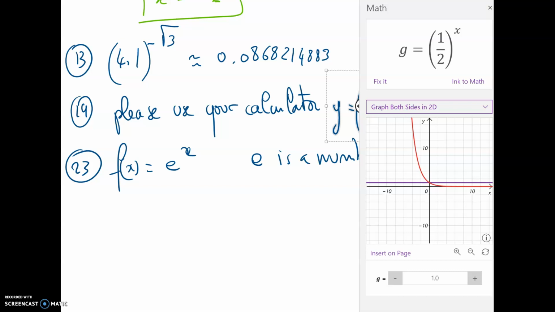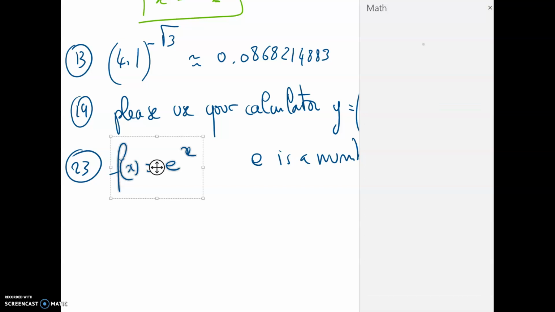If I decide to graph the other one, I'm going to try to see if I can graph number 23, e to the x, e being a number, so exponential to the x. There we go.